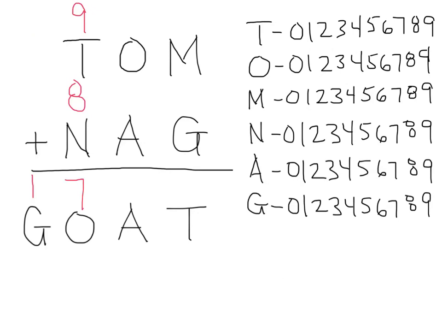See that? There's no way that G could be a 3, for instance, because there's no way that T plus N could add up to 30-something, right? The biggest that T plus N could add up to is 17. So that's why I know that G must be 1.